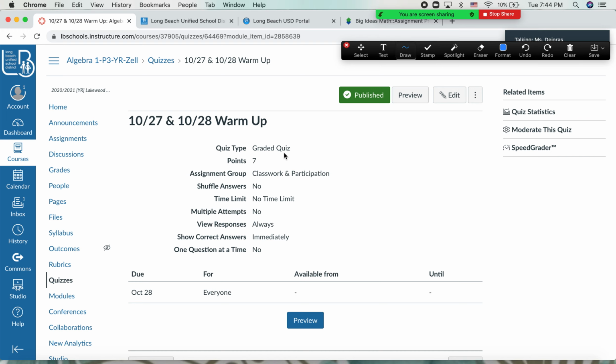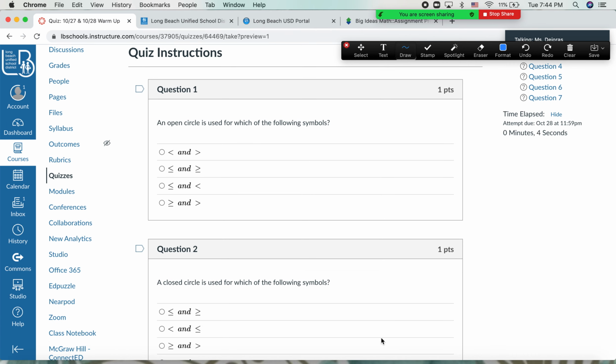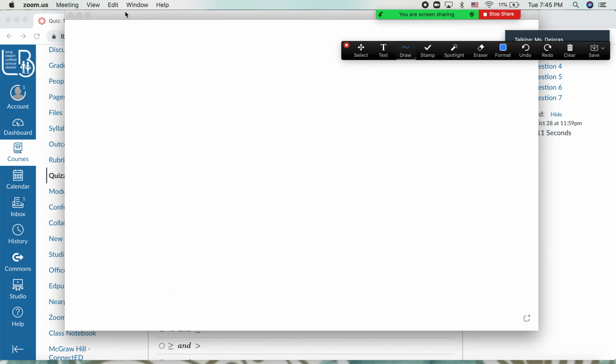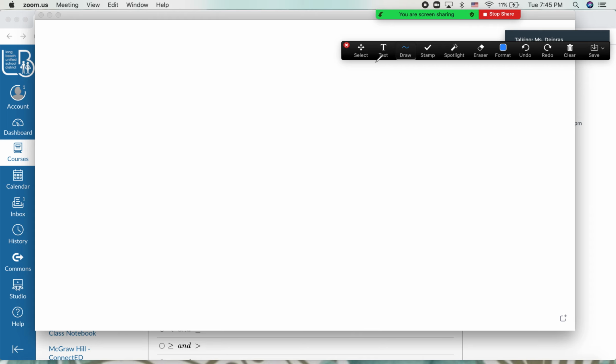So please take a second to open up your quiz and then set up your screen with a split screen. Perfect. Hopefully you now have your split screen ready.